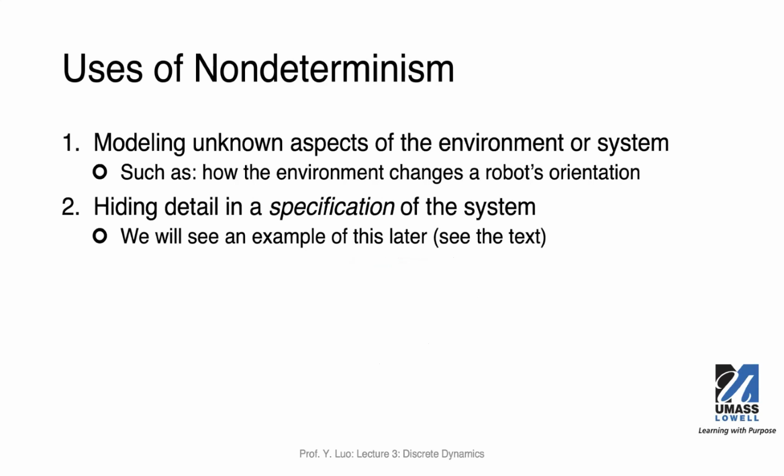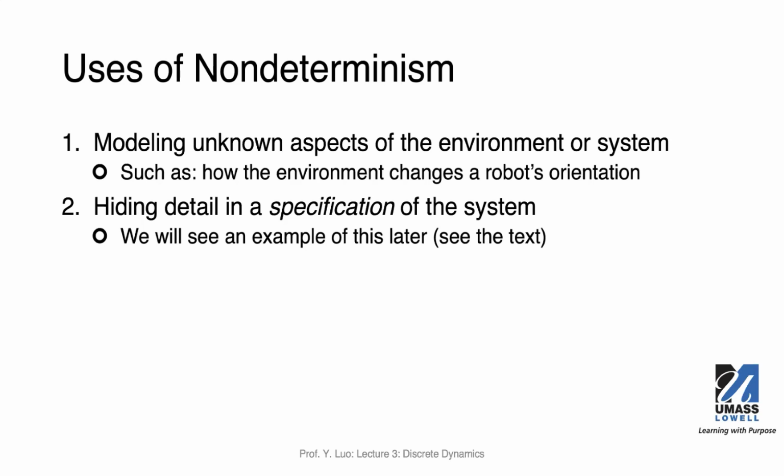I explained earlier that one of the reasons we want to use non-deterministic finite state machines is to model these unknown aspects of the environment or system. If you run a robot and you expect that it goes forward, but if there's a bump, the robot may tip over or slightly divert from its original direction.